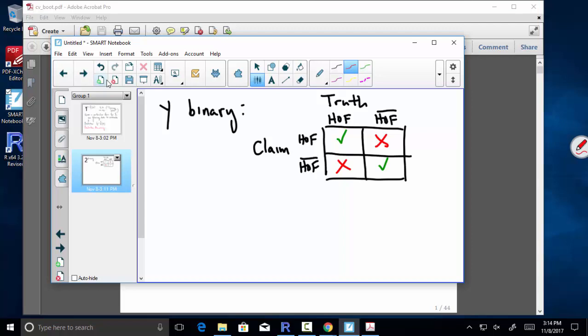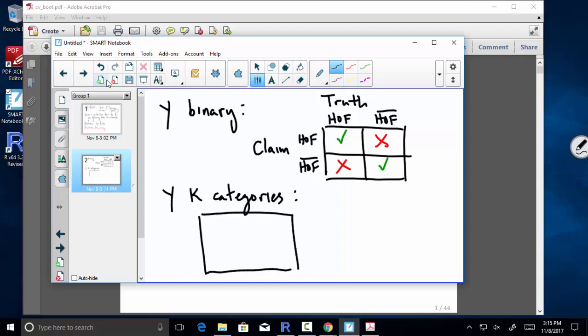So if Y is binary, we have this breakdown. Y could more generally be categorical with more than two classes, in which case we would have a bigger than 2x2 table of mistakes. By the way, in the more general categorical case, if Y has K categories, then there would be a K by K matrix.